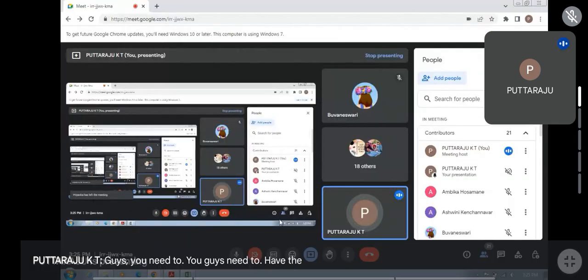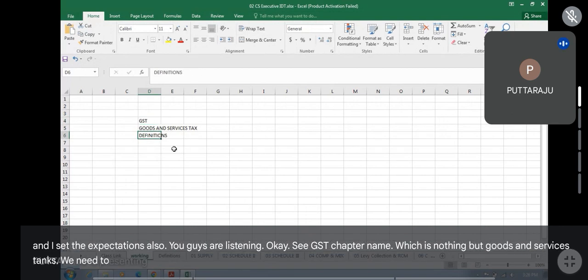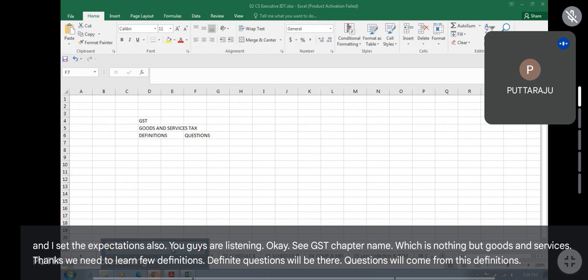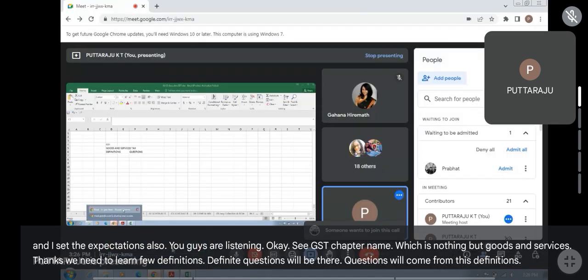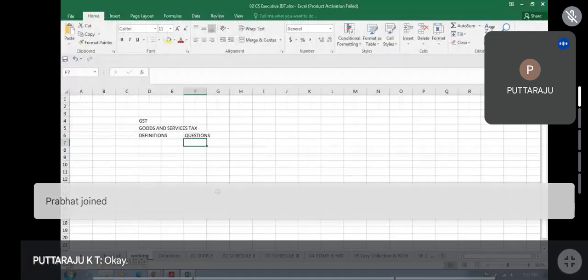GST is the subject name, which is nothing but goods and services tax. We need to learn a few definitions. Definite questions will be there. Questions will come from these definitions. Okay.